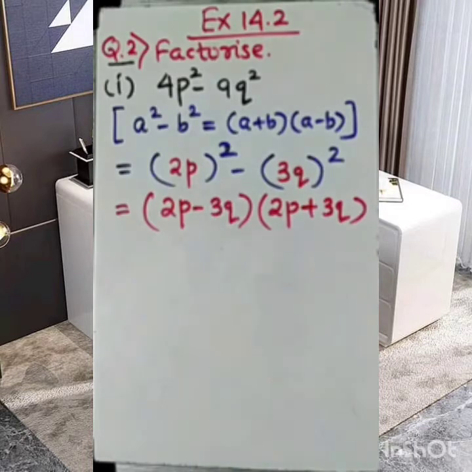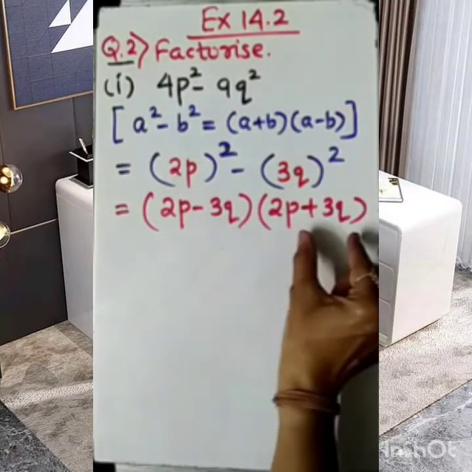According to the identity, once again I am explaining. Look at your screen. 4p square minus 9q square we are given. You can see 4p square is a square of 2p. Why? Because we know 2 2s are 4 and 3 3s are 9. So 9 is a square of 3. So dear student, as we know, a plus b, a minus b, it's not necessary.